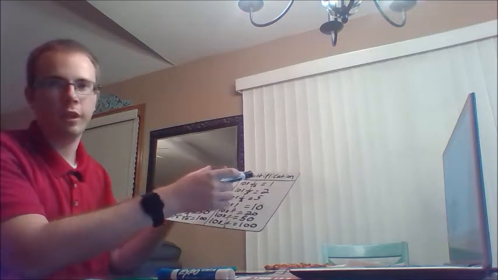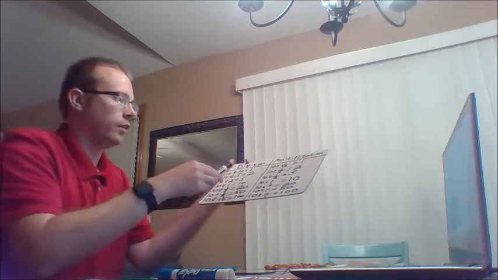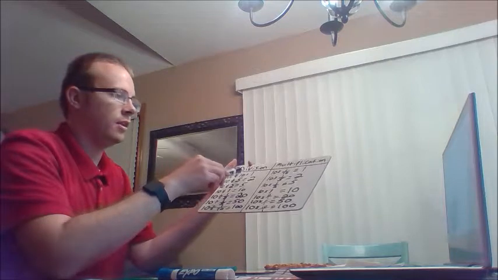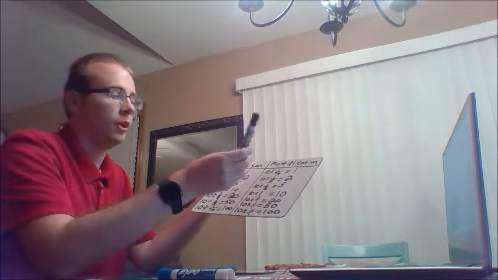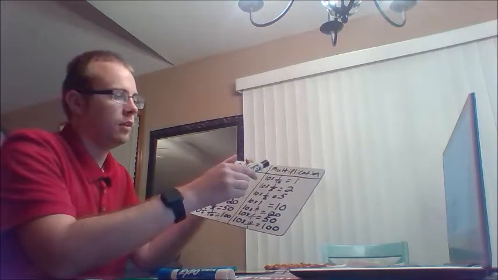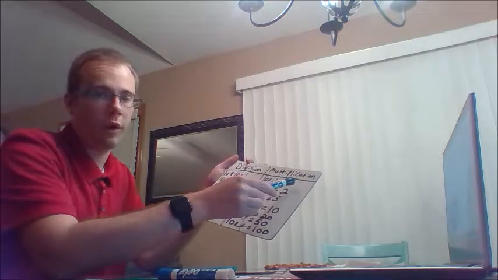Okay, now I want to show you this chart. It shows you some division and multiplication equations. On the division side, it says 10 divided by 10 equals 1. Multiplication side, it says 10 times 1/10 equals 1.